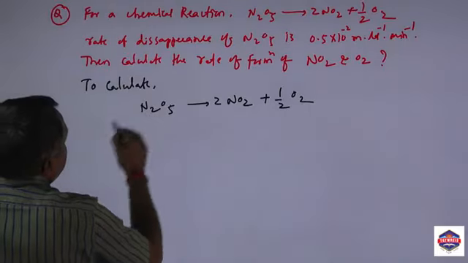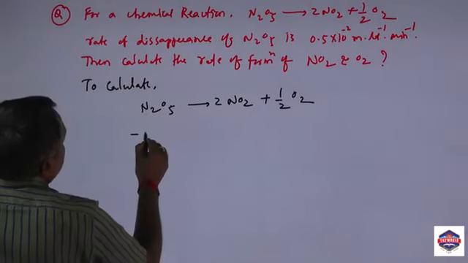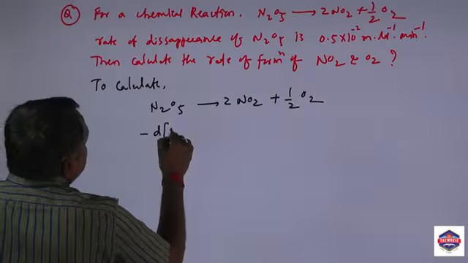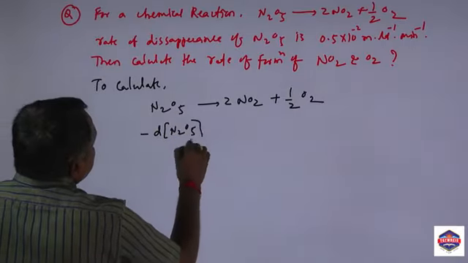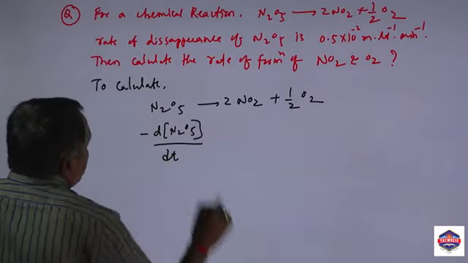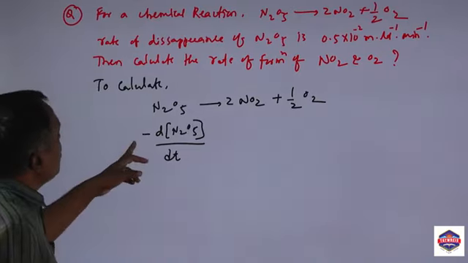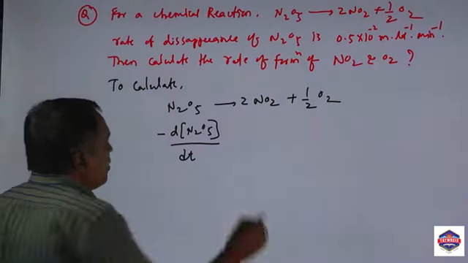How can we write the stoichiometric rate equations? N2O5 is the reactant, that's why we place a negative sign before it: negative dN2O5 by dt. This is the rate of N2O5, or the rate of disappearance of N2O5.